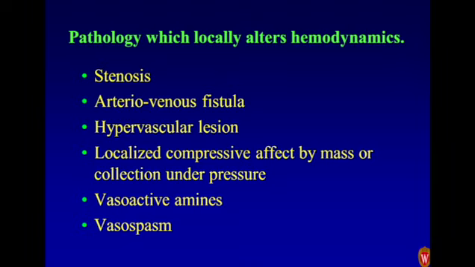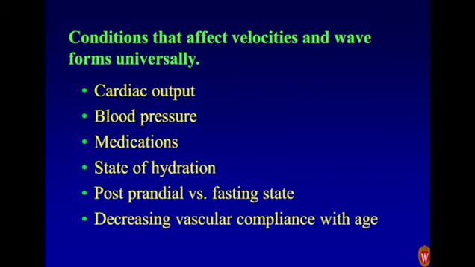Compressive masses, be it a tumor adjacent to a vein or even the pressure of your transducer, will pressurize tissues and may increase velocities. Sometimes tumors release vasoactive amines. These are substances that can either constrict arteries or open up the capillary bed and again change flow dynamics. And finally, vasospasm. With certain conditions, the arteries can just spasm down, changing flow into an organ.